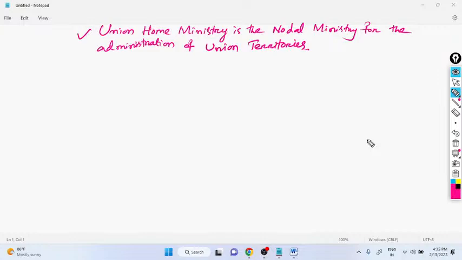Okay, 239AA and 239AB, that is President's rule.